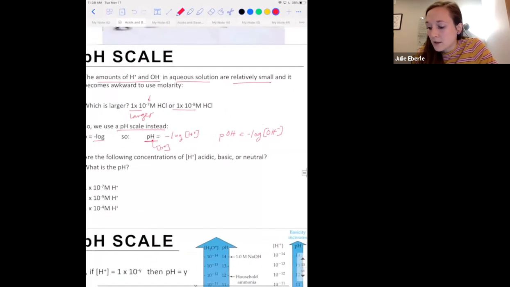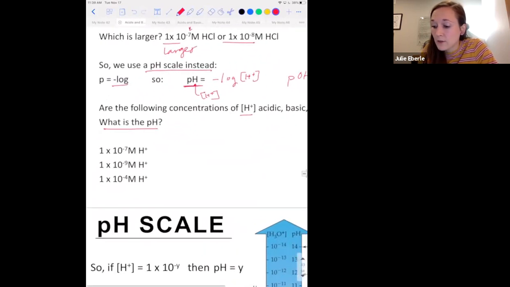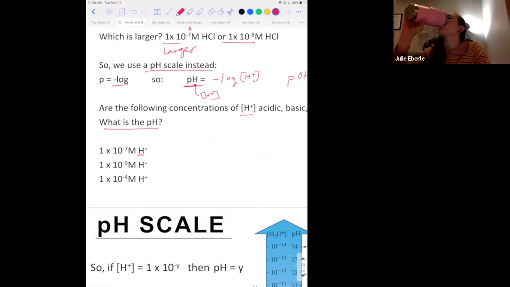All right, we'll come back to those in just a second. We're going to look at these values down here, the following concentrations of H+, acidic, basic, or neutral, and now we're going to calculate the pH. You can use your calculator to do this. If we have a solution where the H+ concentration is 1 × 10⁻⁷, what kind of solution is that? Acidic, basic, or neutral? Neutral.